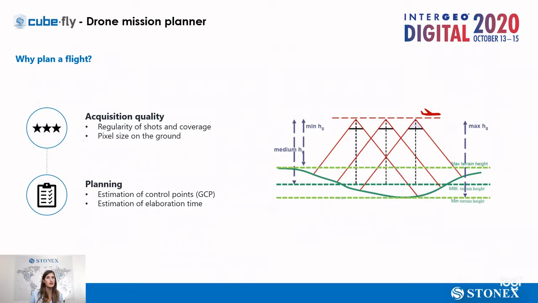So consider a situation like in the drawing on the right. You see your UAV drone flying always at the same height. Look at the red line.